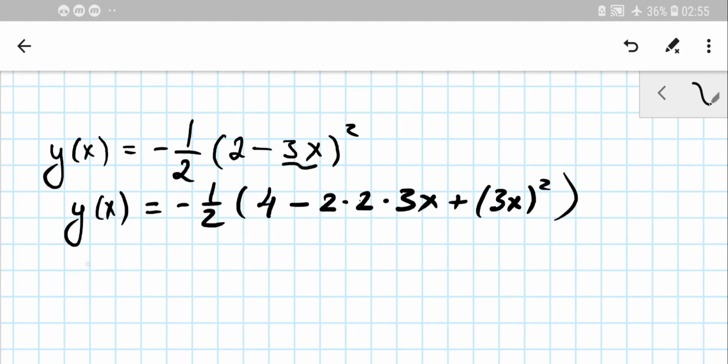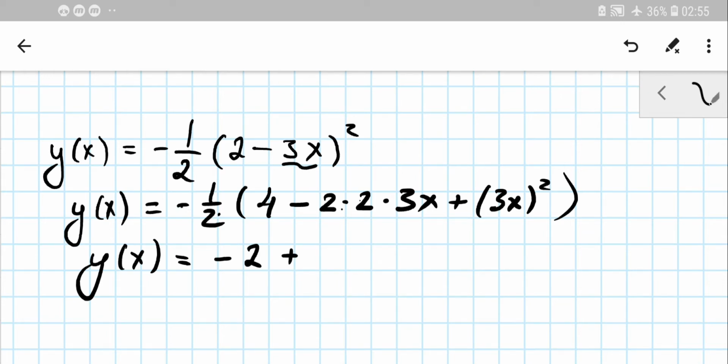Now I distribute negative 1 over 2 everywhere. 4 times negative 1 over 2 will get negative 2. So negative 1 over 2 times this whole term, you see that 2 and 2 here will cancel. Minus and minus will give you plus.